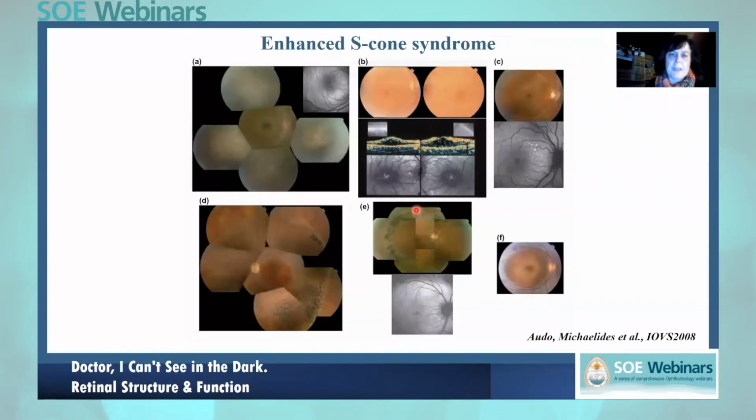There's another very specific disorder, which is called enhanced S-cone syndrome, which is usually mixed up with retinitis pigmentosa, but should probably be distinguished, first because the visual prognosis is a bit different from retinitis pigmentosa, and second because there are some very specific ERG features.